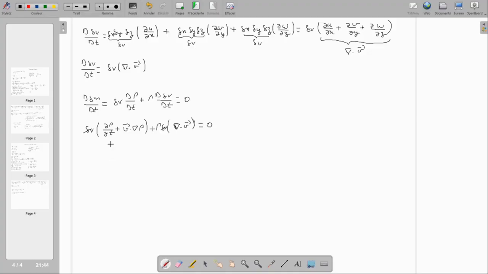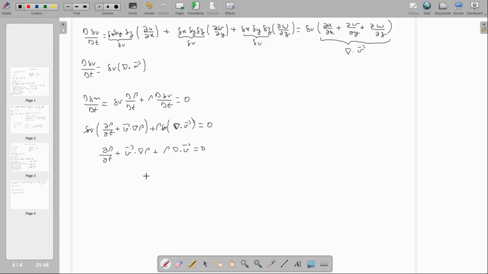Then we get partial rho over partial t plus v dot nabla rho plus rho nabla dot v equals 0.